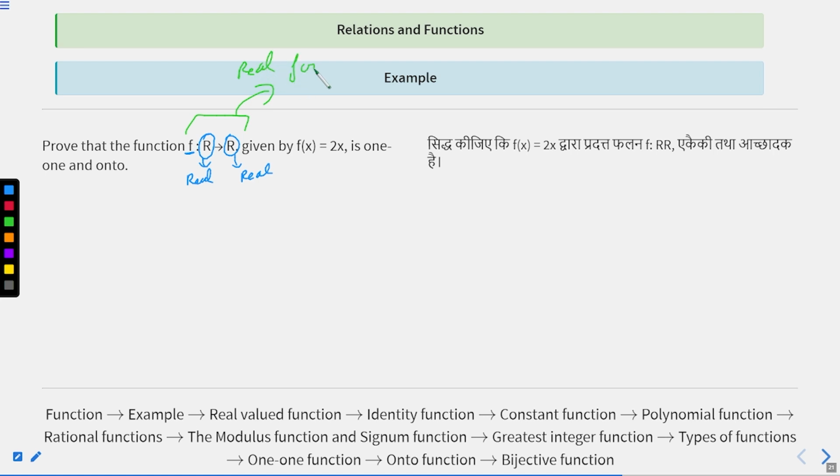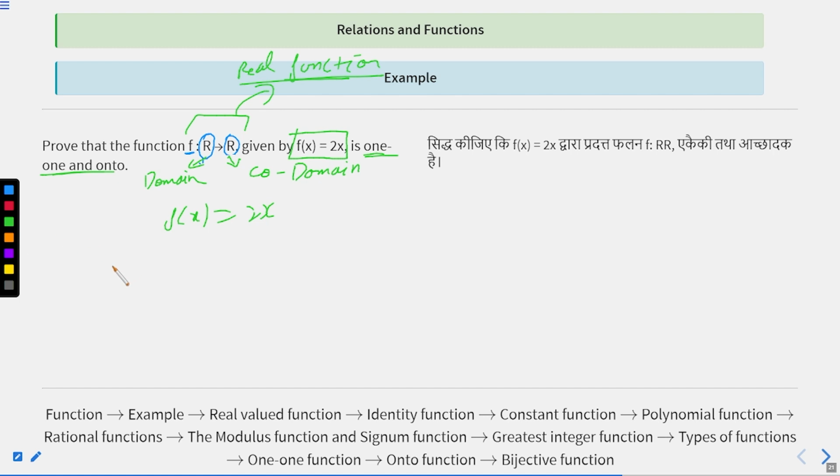In a real function, the input and the output must be from the reals or a real subset. This is my domain and this is my codomain. The function is defined just like previously: f(x) is equal to 2x. Now we have to show that it is one-one as well as onto.